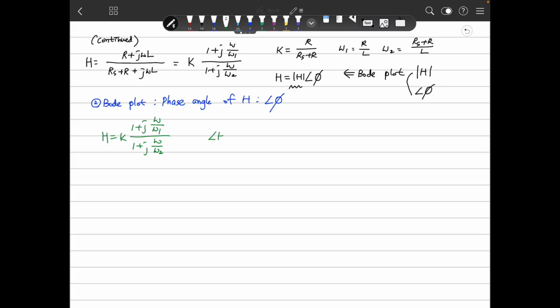Then what is the phase angle of it? You know that H has three components.